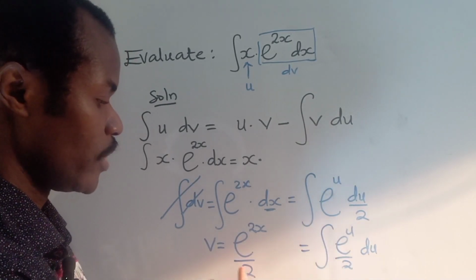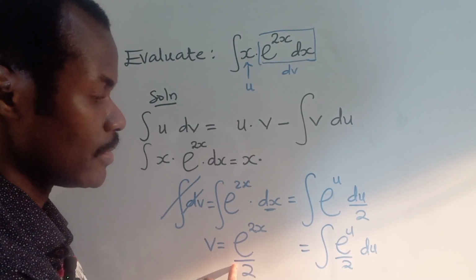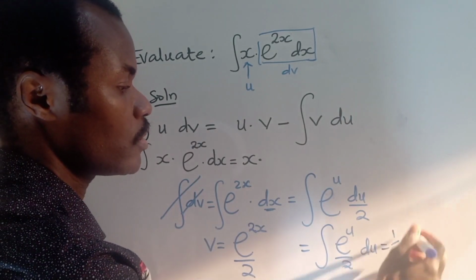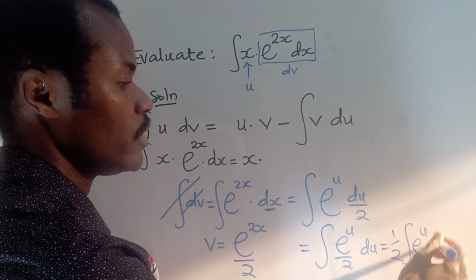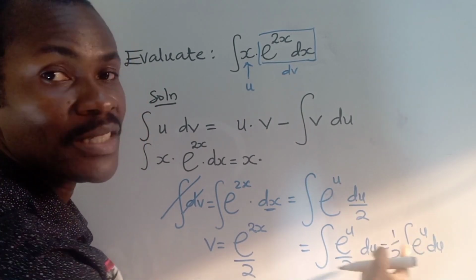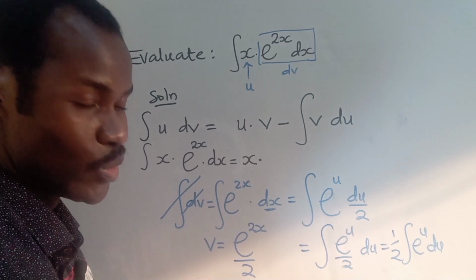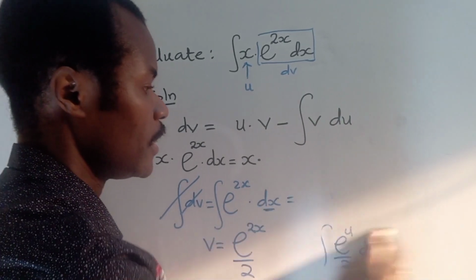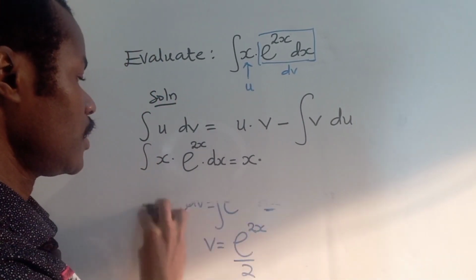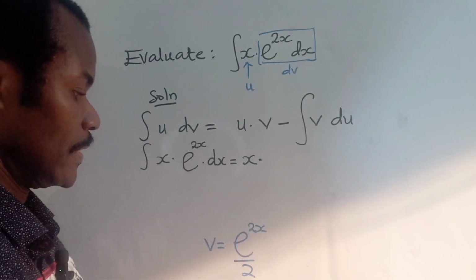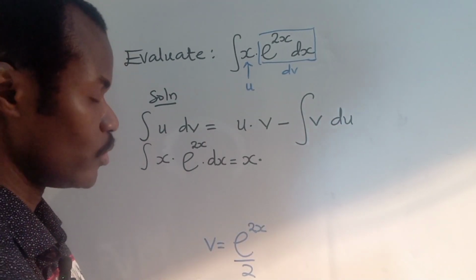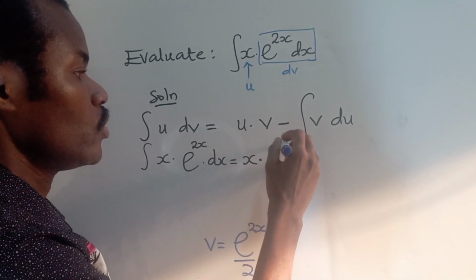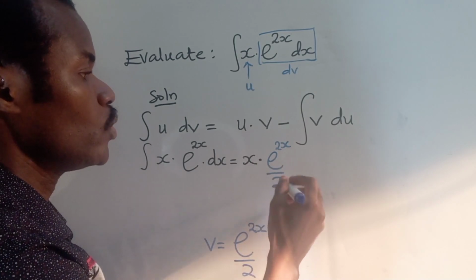And the integral of just e to the u du is e to the power of u. So now that we've been able to get our v, all I need to do is substitute v as e to the 2x divided by 2.